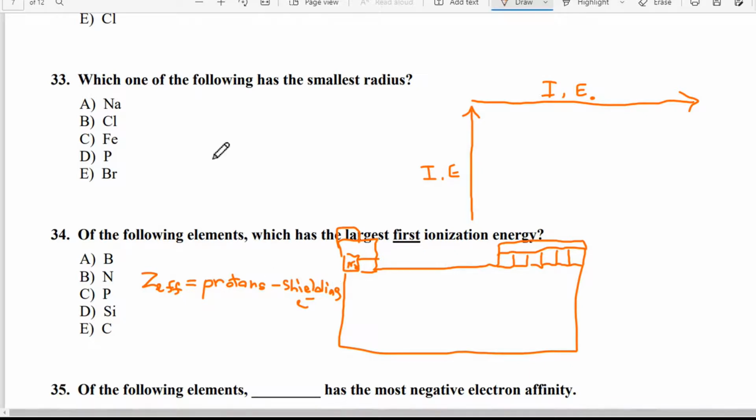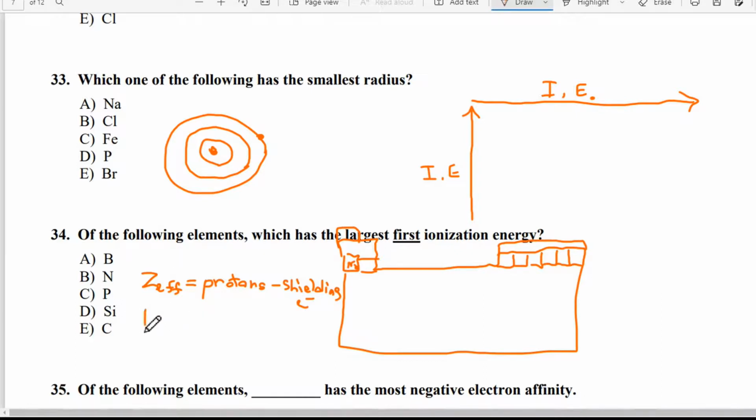So if you think about, like, here's your sodium nucleus, you have 2 electrons in the first shell, 8 electrons in the second shell, and then you have 1 electron in the third shell. This 1 electron's not doing any shielding.